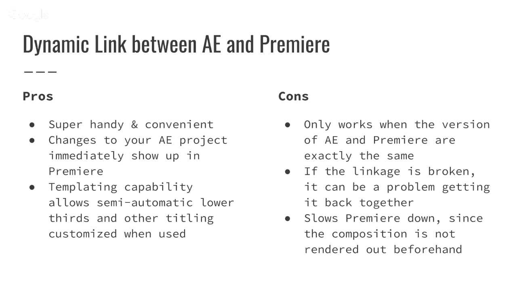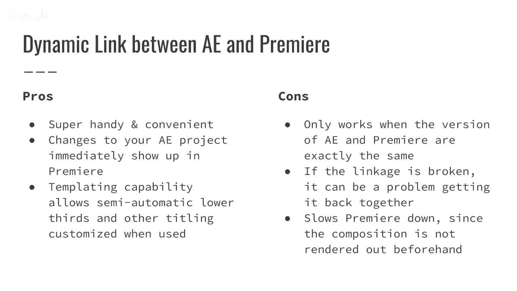And then finally, there's a templating capability. Now this has changed just last year, but it's still there. It uses Essential Graphics now inside of After Effects, instead of the bodged together templating capability they had before. This is a lot more streamlined, and the templating capability allows semi-automatic lower thirds, meaning that you can customize the text in an After Effects composition without opening After Effects.